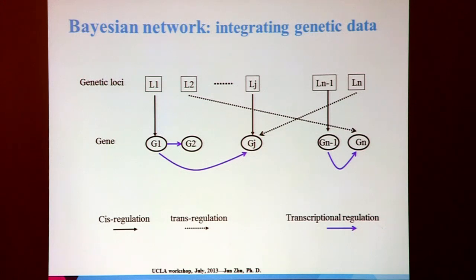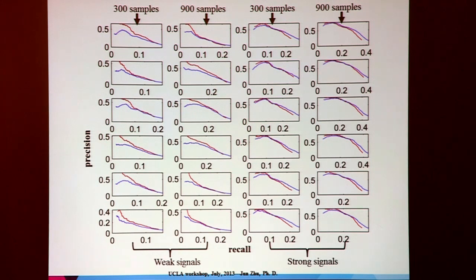You can construct the network using only gene expression, or with genetics plus gene expression, and compare with the true underlying structure. If you use genetic information, this is our ROC curve. This one is similar. Here is perfect.